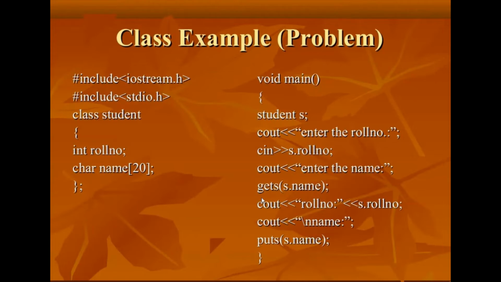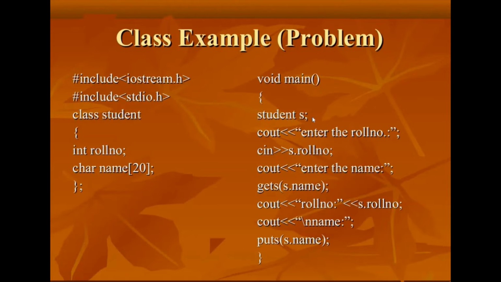In this program gets function and puts function are used, so that's why I have used this. The name of the class here is student, and the variables roll number and name are declared within the class body. By default it is private, since it is not written, so by default any member variable will be private only, and then we put the semicolon at the end.